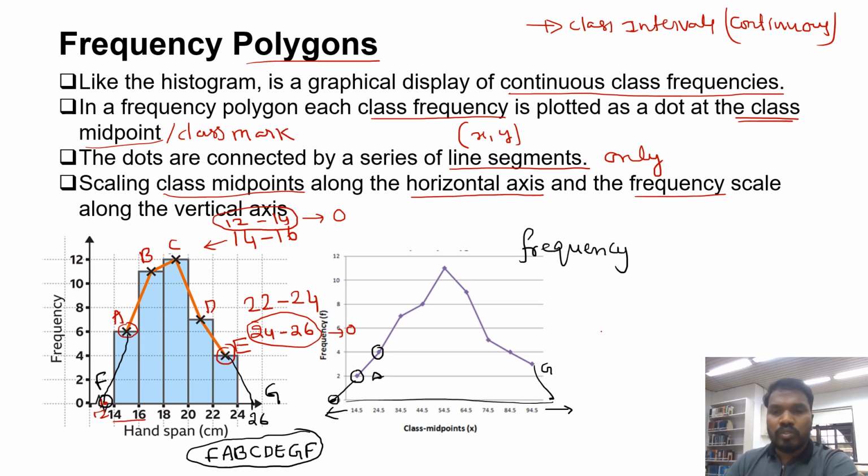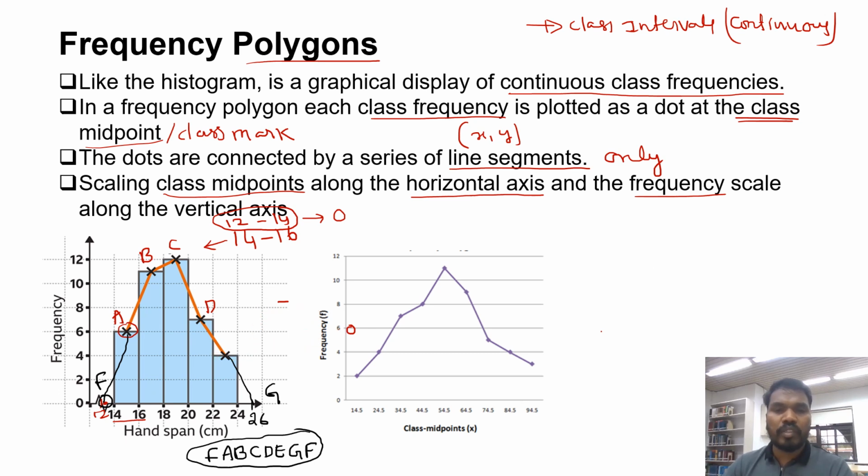Okay. So here it is not necessary, but generally we connect the end points also to a class interval with frequency 0. That is the general way, or else you can keep it as is, which is also a general way of constructing the frequency polygon.